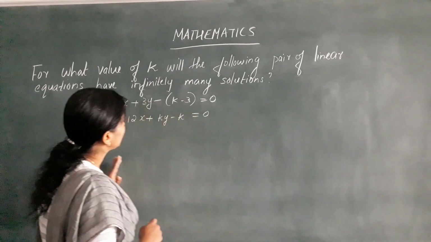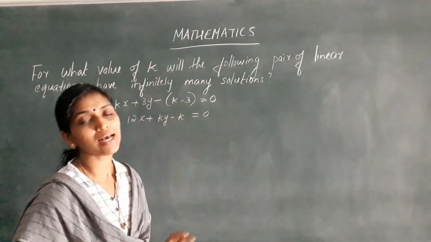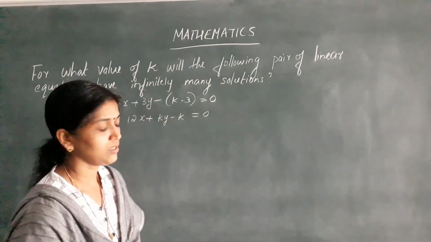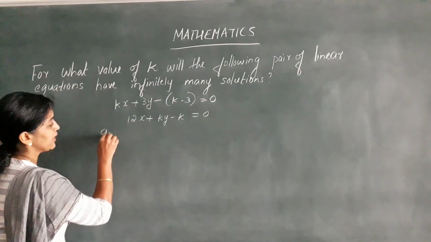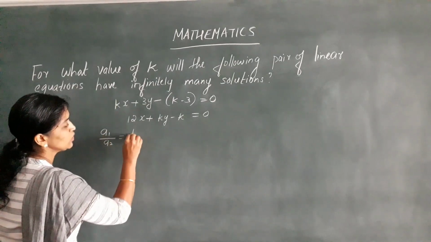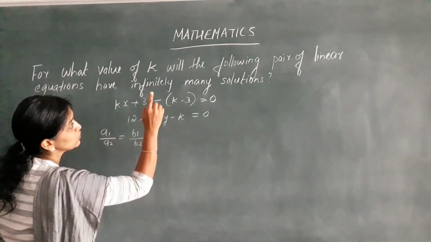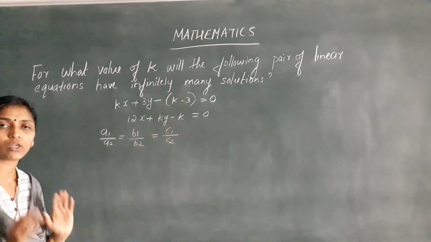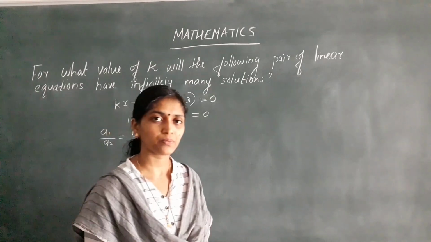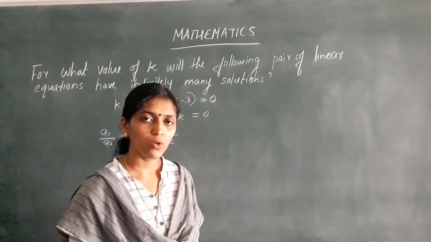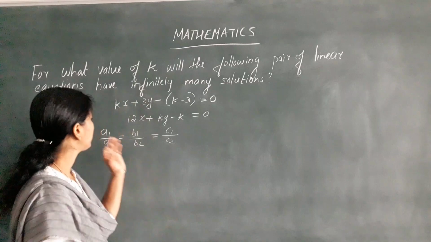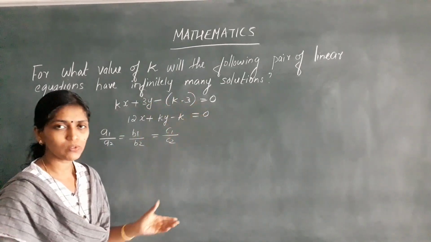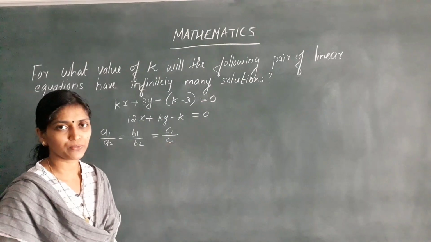We know that if the pair of linear equations has infinitely many solutions, how can we write the ratios? You can say a1 by a2 equal to b1 by b2 equal to c1 by c2. Infinitely many solutions, all the ratios are equal. Now the next step, we will find a1, a2, b1, b2 and c1, c2 and put them in this ratio.